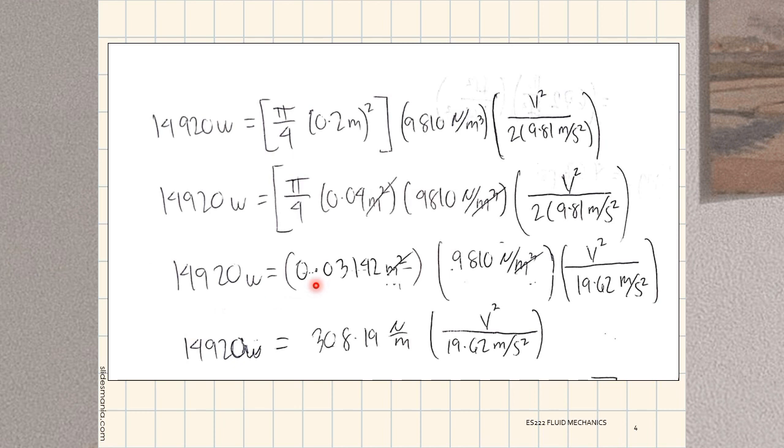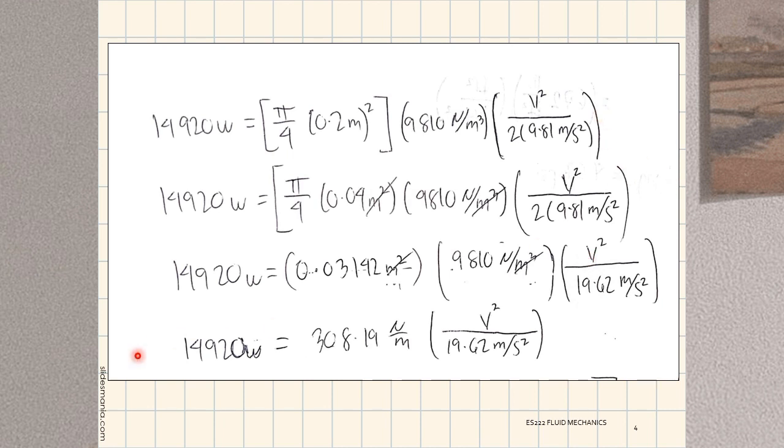And then we multiply 0.04 meter squared times 9,810 Newton per cubic meter. So we have 14,920 watts is equal to 0.03142 meter squared times V squared over 19.62 meter per second squared.